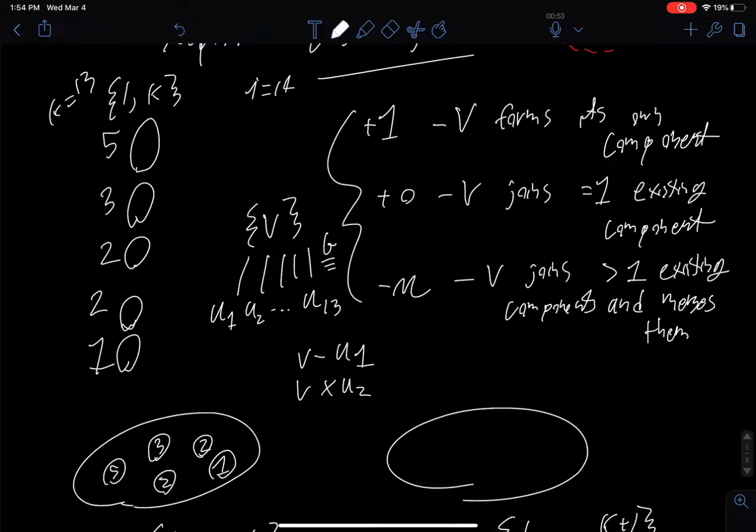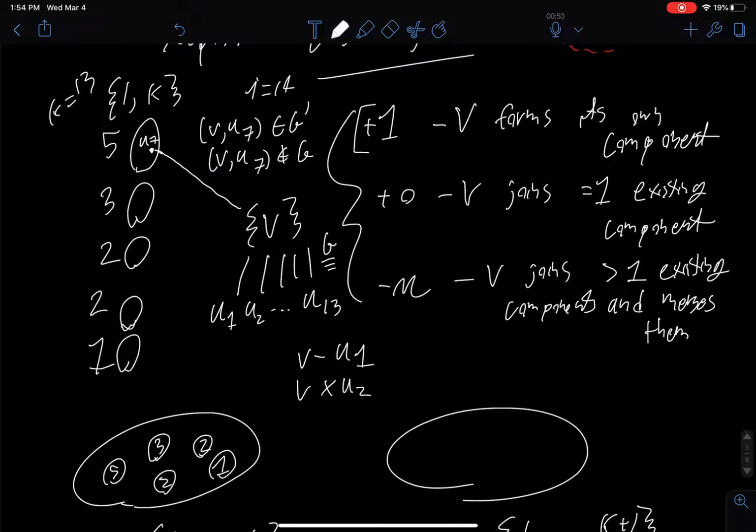Because if there were an edge in the complement of G from V to, let's say, this top connected component, then that would mean that in G itself, and we'll say the vertex in here that's connected is, let's say, U7, that if the edge V U7 is in G prime, then V U7 is not in G. But if we figure out that all 13 of these edges are present, then this cannot be the case. So V must be in its own component. And that's this first case.